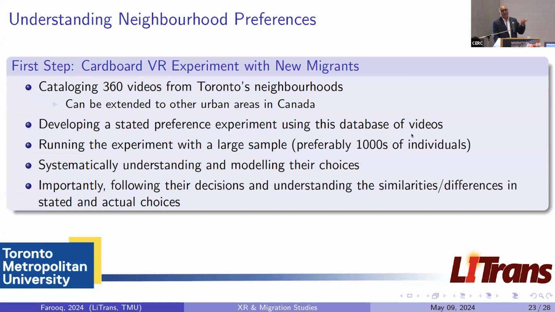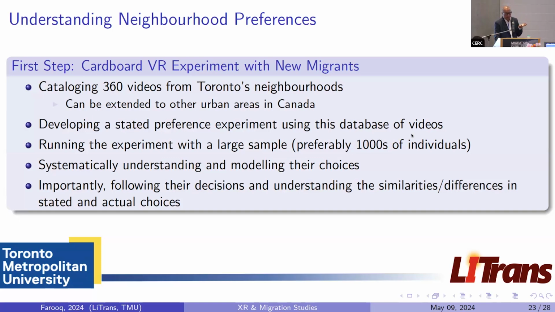And all this can be internally labeled as well, in the sense that a bank with a sign in Chinese or this and that. So all these details can be labeled. And not just that, we can also track where the person is looking and so on. So we are able to see which details they are looking at. So all these can be a very rich data set that can be used for understanding their neighborhood behavior.